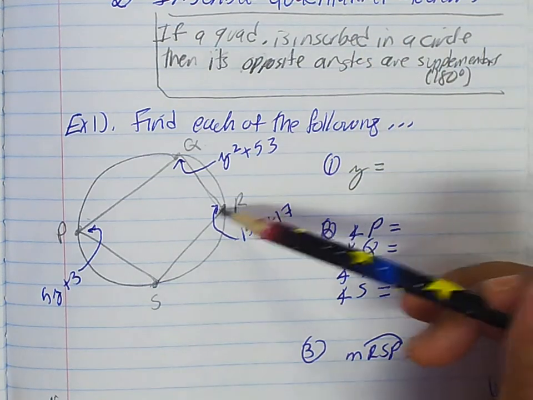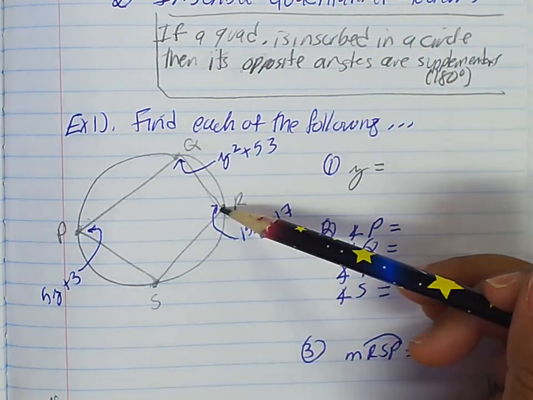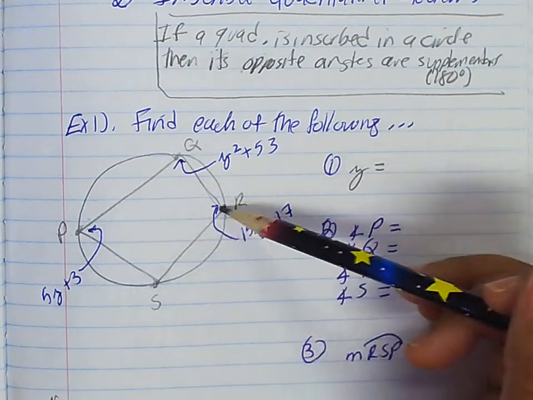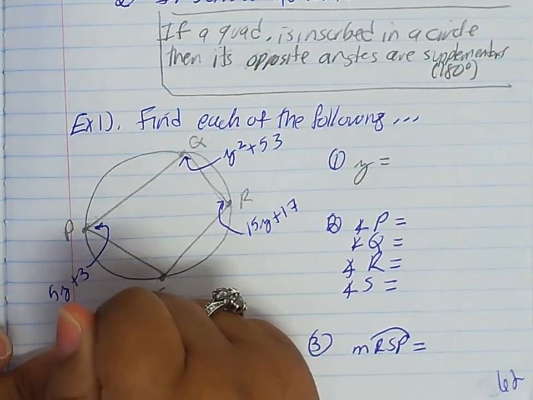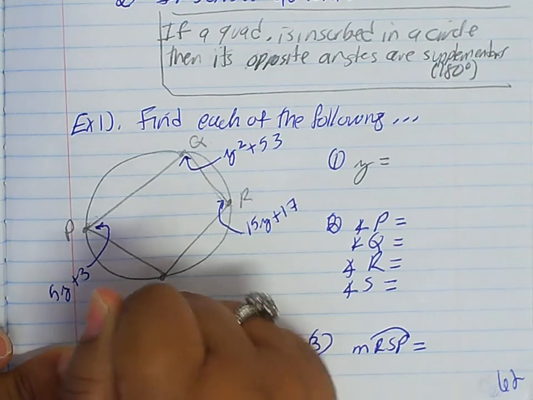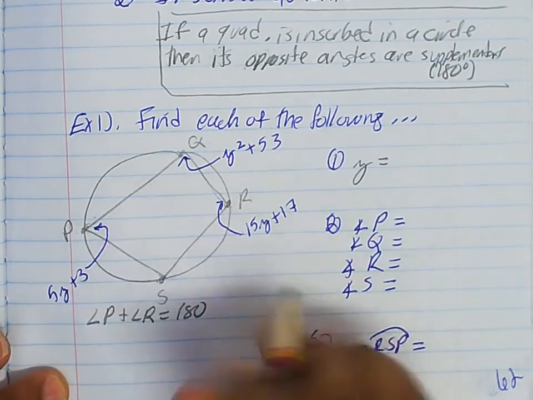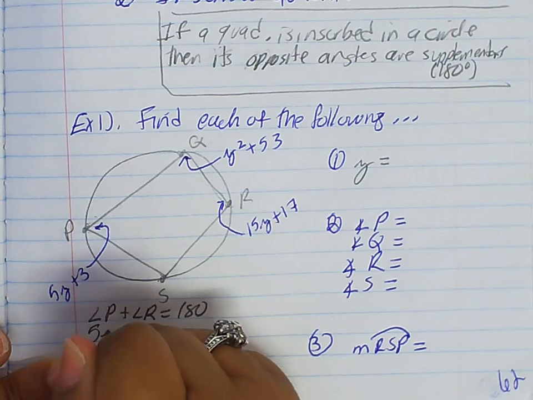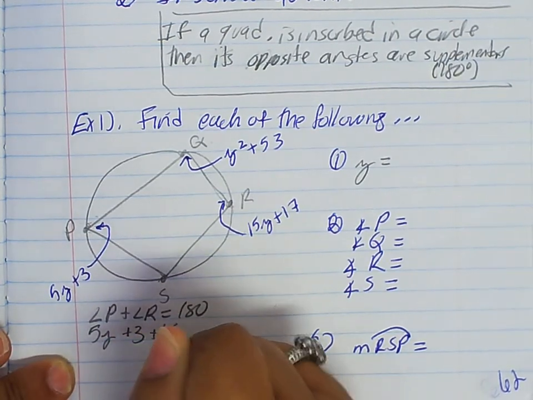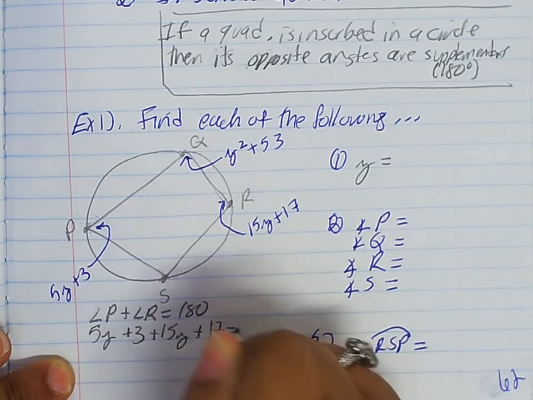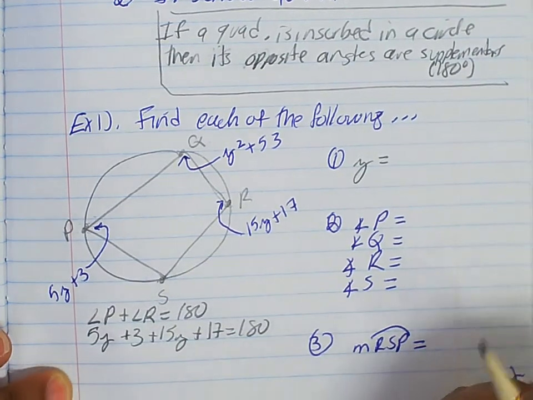I can see that these 2 angles are across from each other, so I know they add up to 180. I can say angle P plus angle R equals 180. So 5y plus 3 plus 15y plus 17 equals 180.